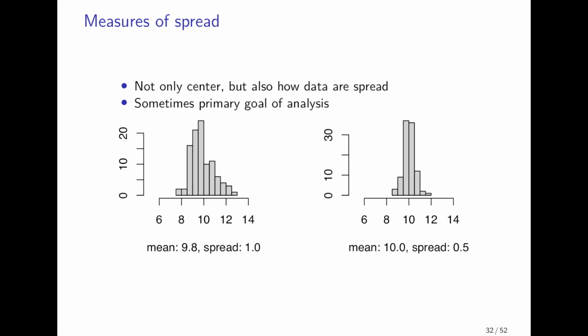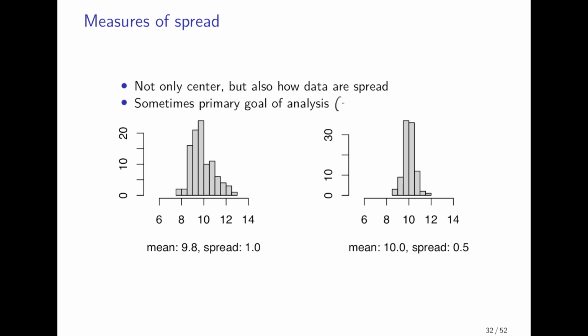For example, if we're making some kind of new measuring device, like a scale or a sensor, then what we want for the sensor or the scale to be accurate and for its measures not to fluctuate too much. In that case, we will be very interested to know, if we measure an object with a standard weight, what is the spread in the measurements that we obtain.